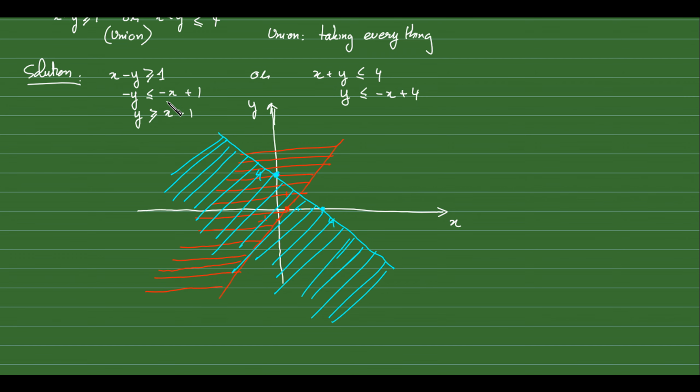Let me check one more time if it's good or not. It's negative x, so let's flip it, divide it, so x minus 1. Okay, this is good. And this is x plus 4, so we need negative x plus 4. Yep, so this is good too. And we set everything here, and we set this one greater than.